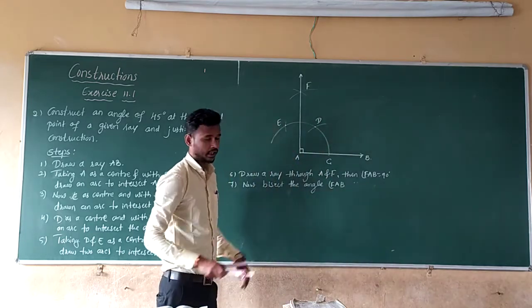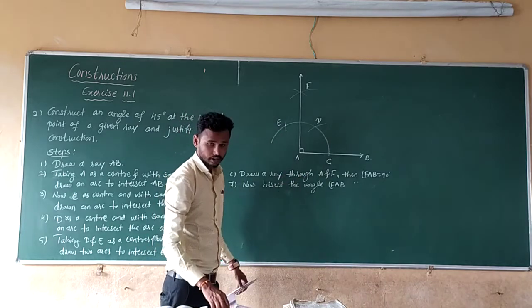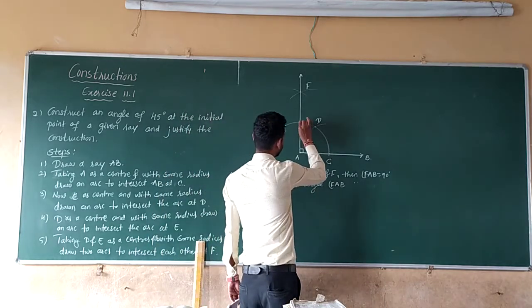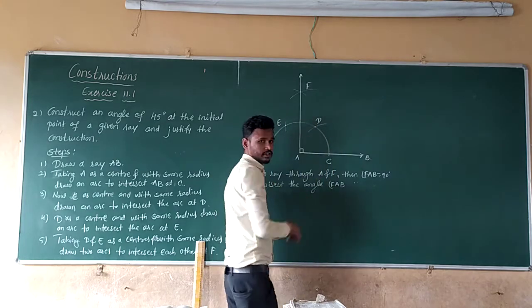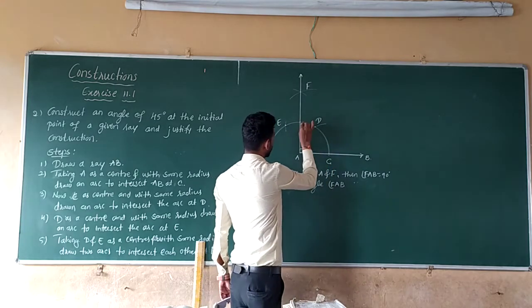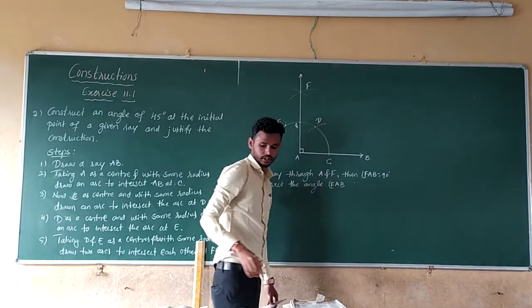The two points are already on the two rays: one is C and take this one as G.